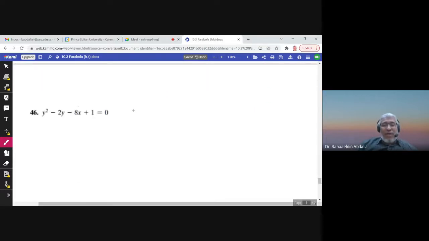Here y has power 2, so I keep y squared minus 2y on this side, and I take this to the other side. And now I need to add half of the coefficient of y, which is 1. When I add plus 1 to minus 1, they cancel.